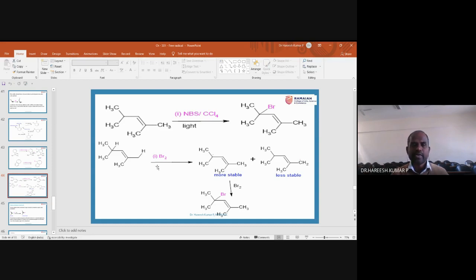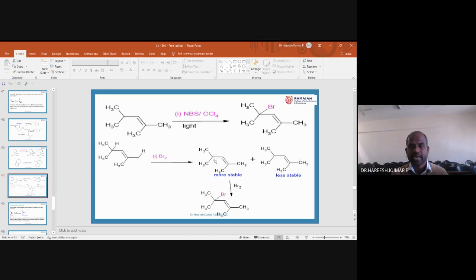And before that, this allylic proton-containing moiety also undergoes homolytic cleavage. If it undergoes homolytic cleavage here, it will form a tertiary radical.